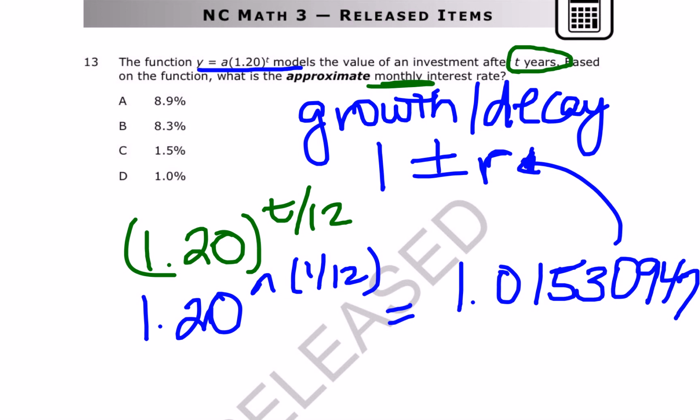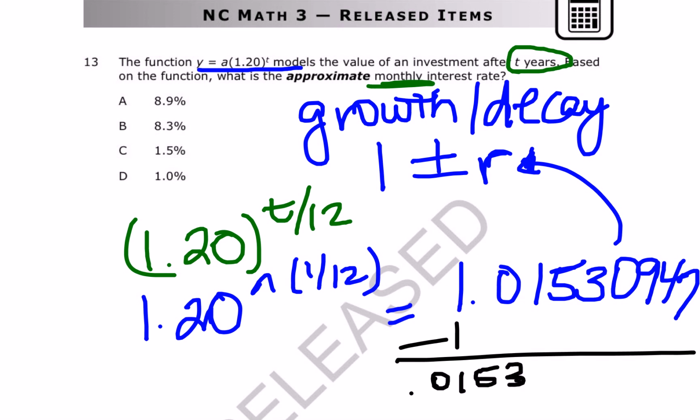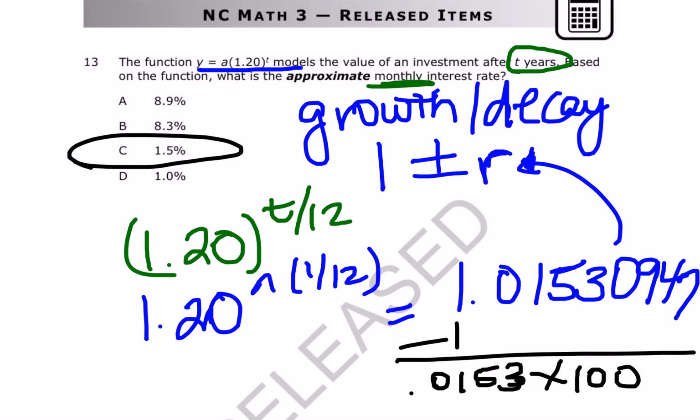I'm looking for the growth rate. So I'm going to subtract 1, which gives me 0.01530947. And I want the actual percentage because our answer choices are written in percent. So I'm going to times that by 100, which gives us 1.5%.